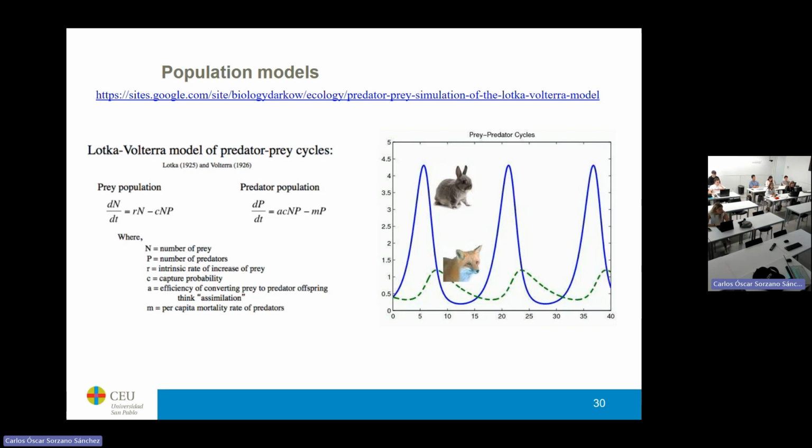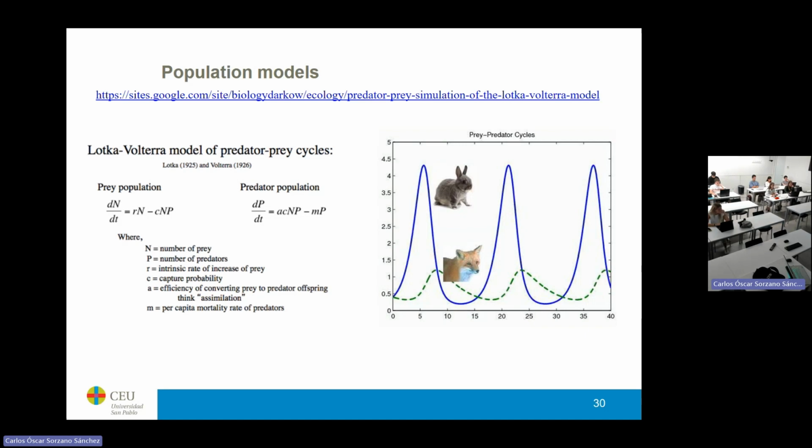But then, as the number of foxes goes up, they hunt more and more rabbits, and at some time the number of rabbits starts decreasing again. And then, when the number of foxes reaches the maximum, the number of rabbits goes low, and it may go to a minimum.